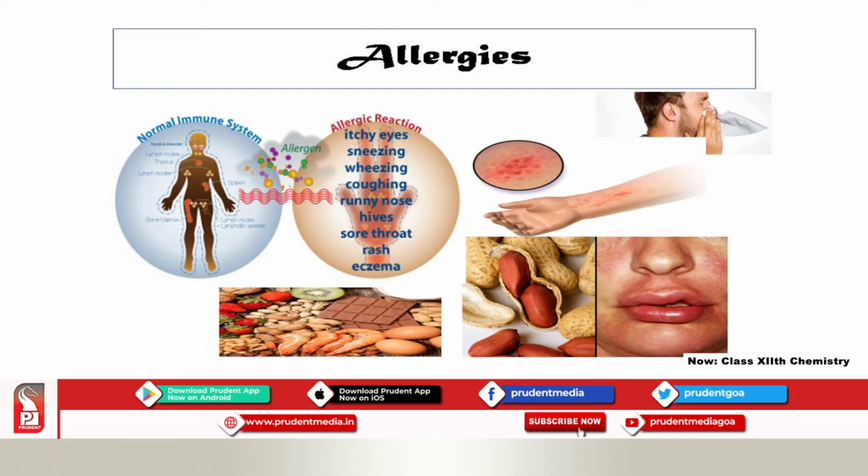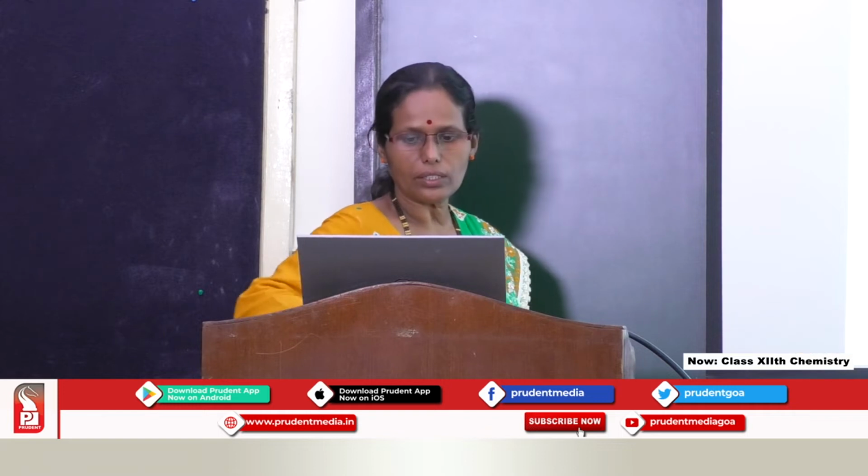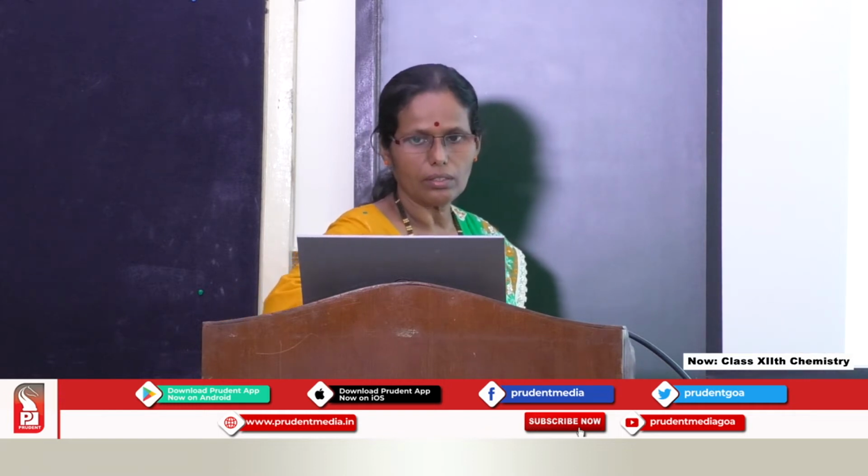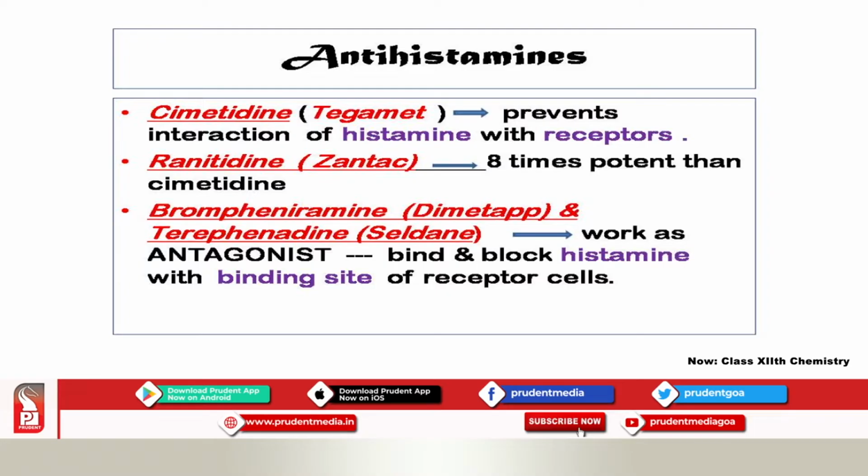There are different types of allergies, like allergy towards all these food substances, towards sun, and the reactions produced are itchy eyes, sneezing, coughing, wheezing sound, runny nose, sometimes hay fever, sore throat, rashes on the skin, swelling of the skin, etc. So these are the allergic reactions we see due to over secretion of histamine.